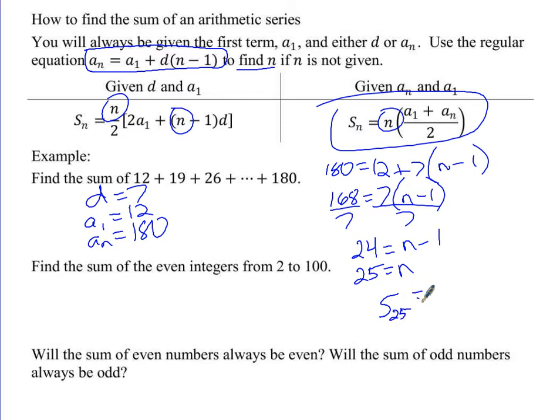equals 25 times 12 plus 180 divided by 2, the average of the first and last terms. So 12 plus 180 divided by 2, we're looking at, what, 96?